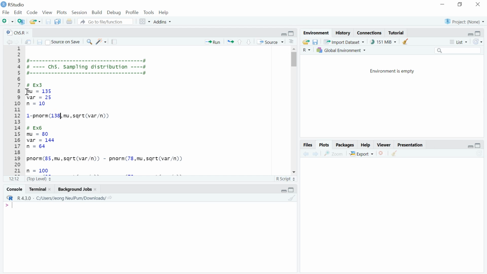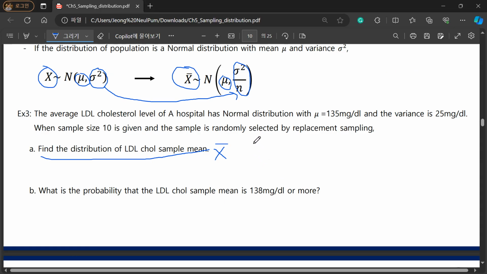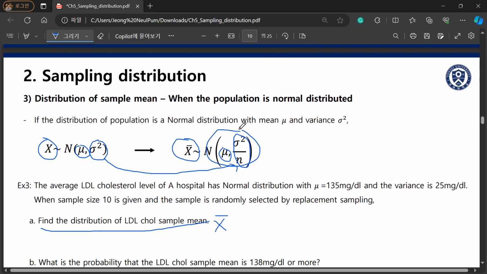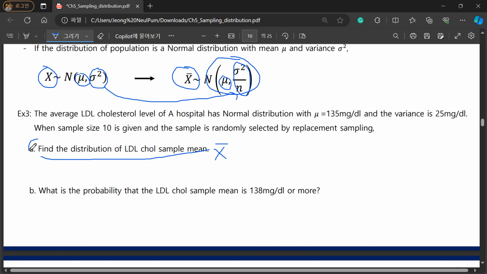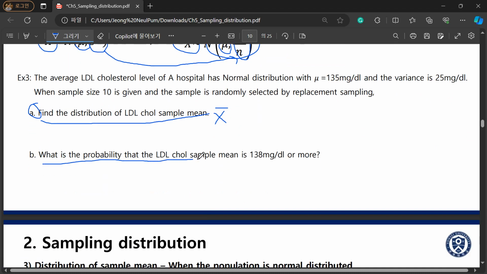We already know that the sample mean follows the normal distribution with the parameter mu, which is the same as the population mu, and also the variance, which is this thing. So A is solved now.